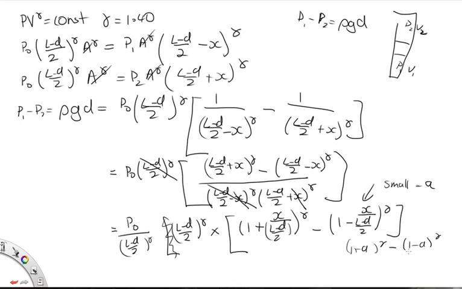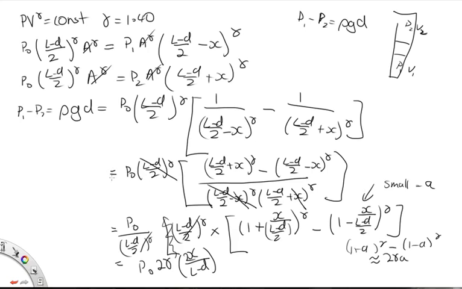And when we do a Taylor series expansion of this for A much less than 1, we get that this is approximately equal to 2 gamma A. Okay, so this and this will cancel out. So we've got P naught, and then we've got 2 gamma and A, which is X, over L minus D on 2. So let's put the 2 up there.